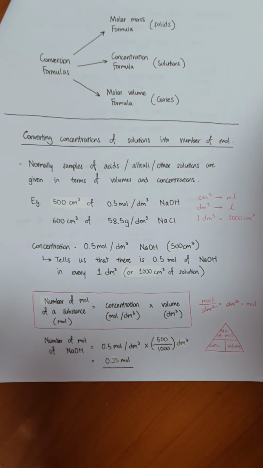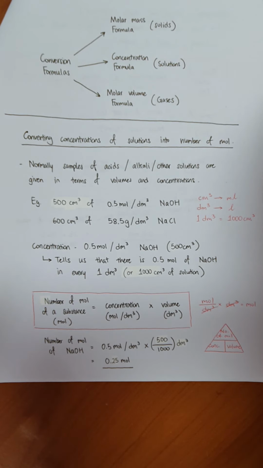Okay, so for converting concentrations of solutions into number of moles, you have to first understand that concentration is mole per dm cube or gram per dm cube. So the first thing about solutions I need you to know is that questions normally appear in terms of mole per dm cube or gram per dm cube or something per cm cube.